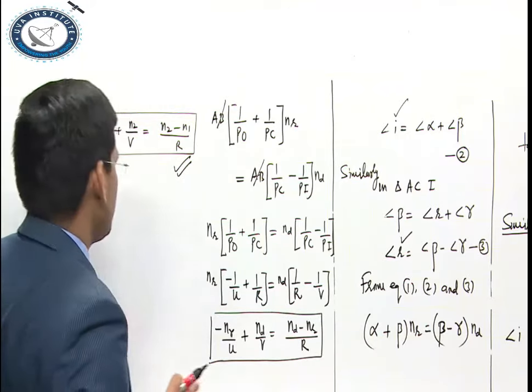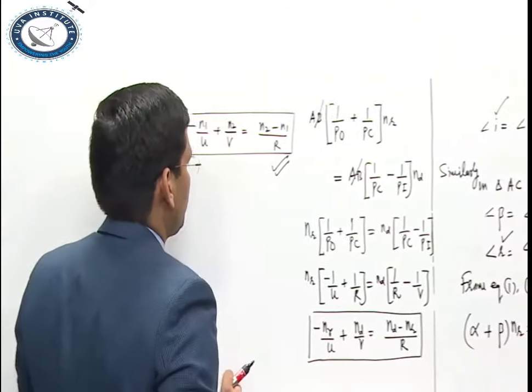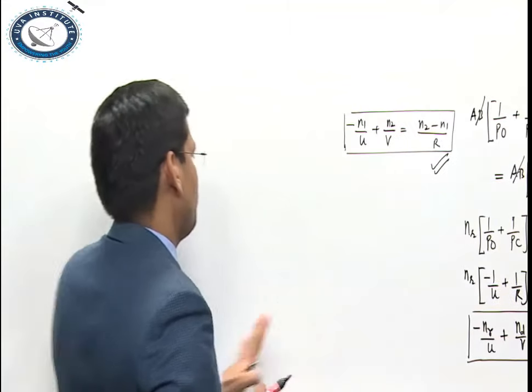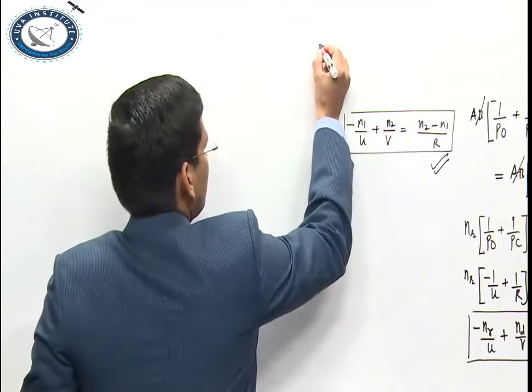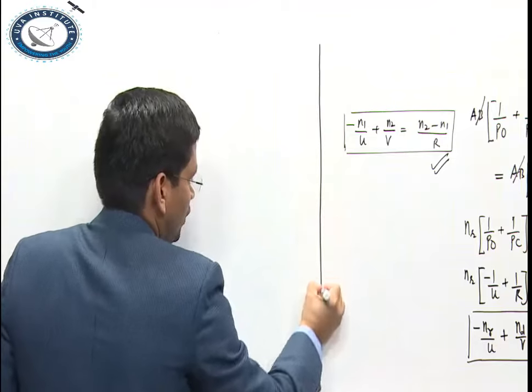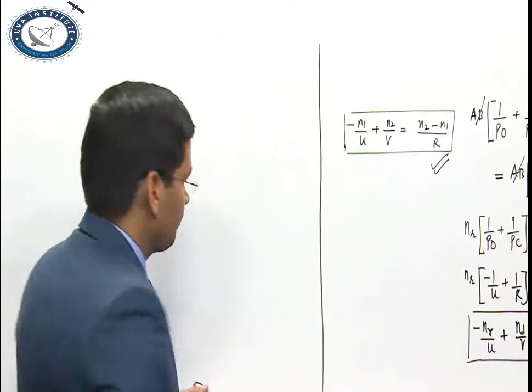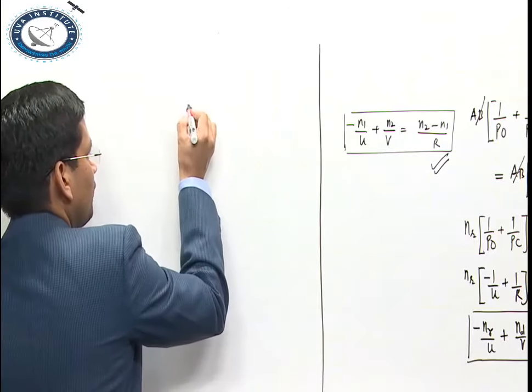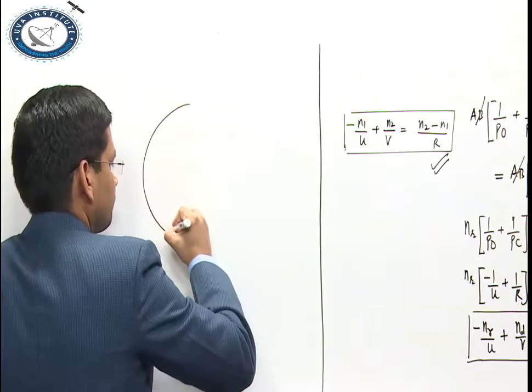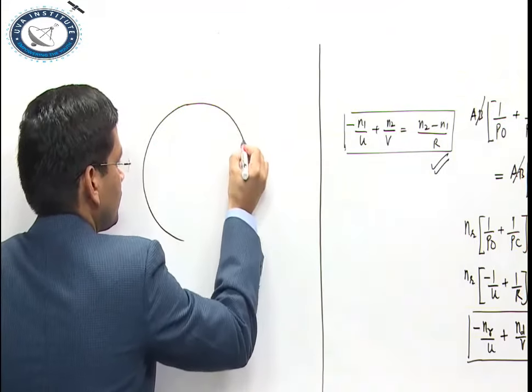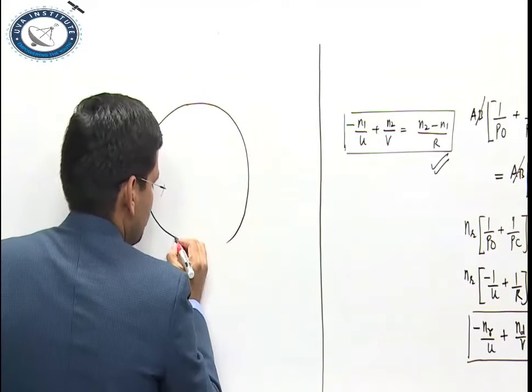Let's touch upon one very important question before I move forward. Let's solve one example, a very good example, and this will really brush up your concept in a very effective way. Suppose you have a glass sphere, like this.